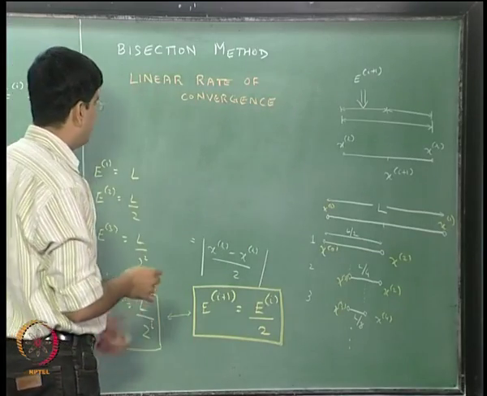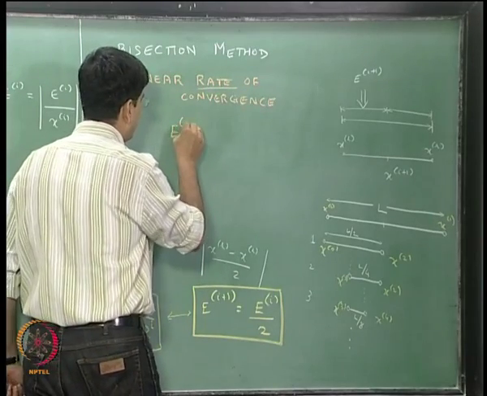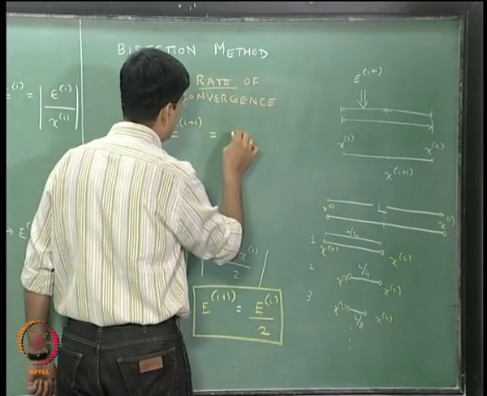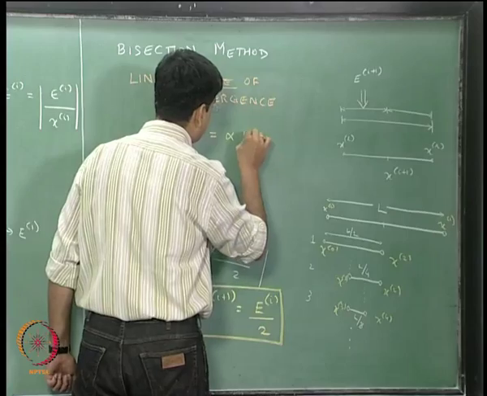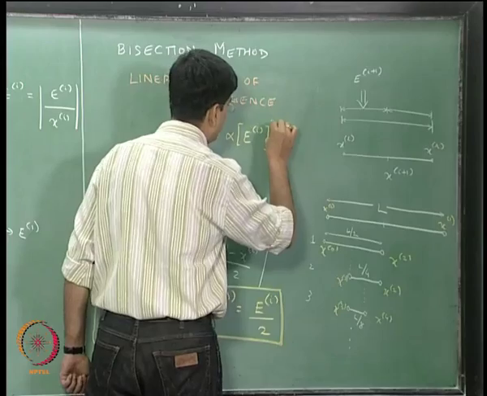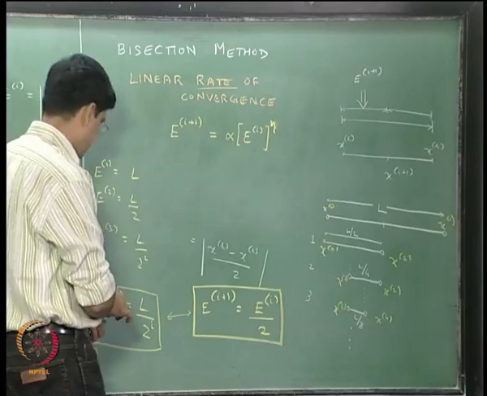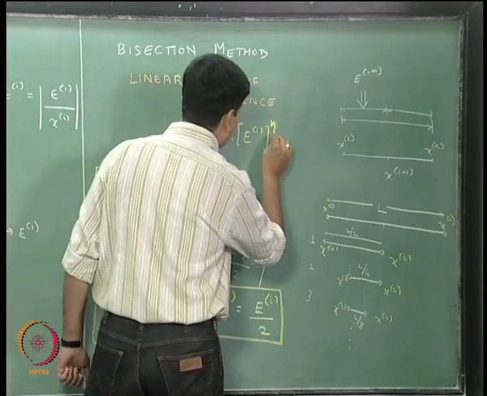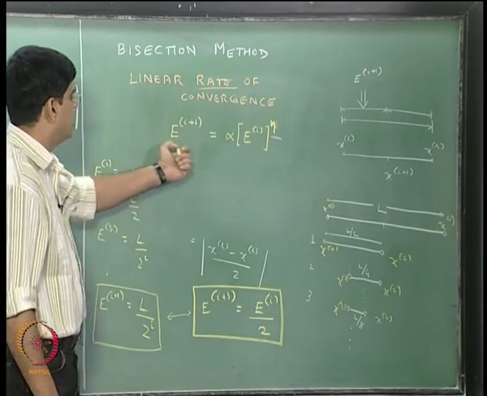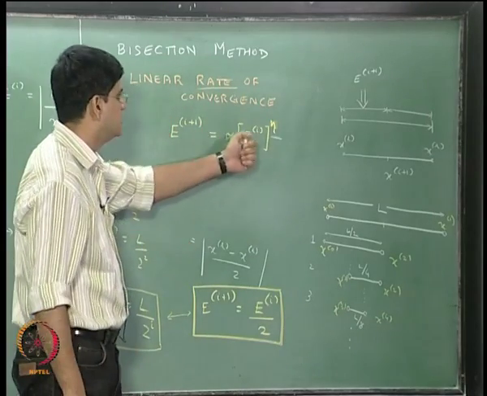What we mean by linear rate of convergence, or in general what we mean by rate of convergence, is how our E_{i+1} is related to E_i. So E_{i+1} is some constant alpha multiplied by E_i to the power n, or let us call it eta, just to distinguish from the total number of iterations. This eta determines the order of convergence of a particular numerical technique, whereas alpha gives the rate of convergence of this technique.